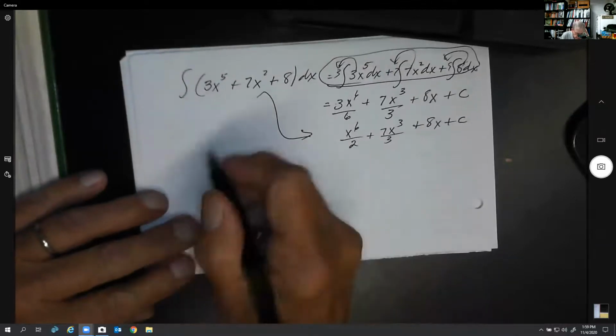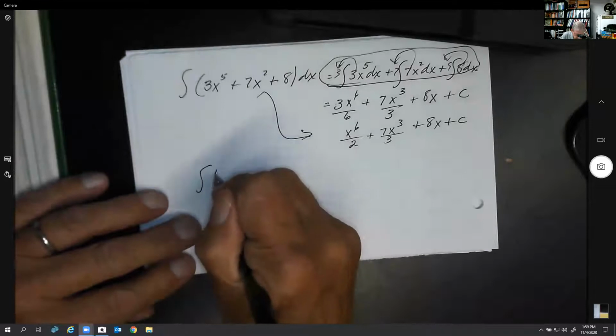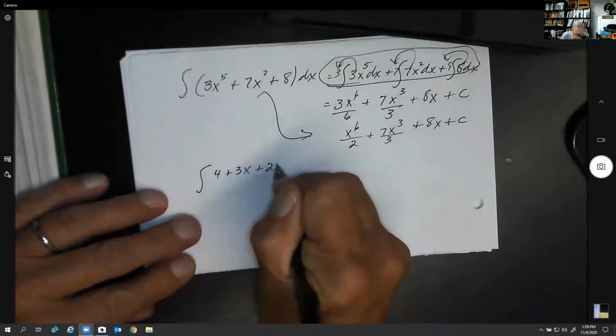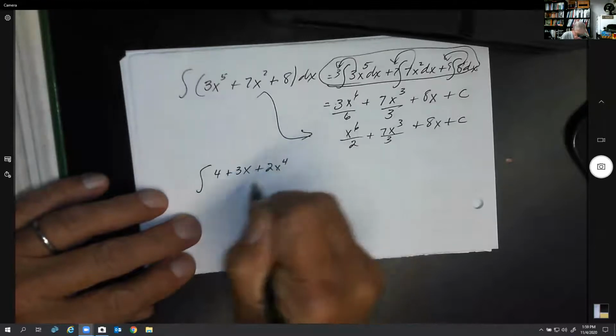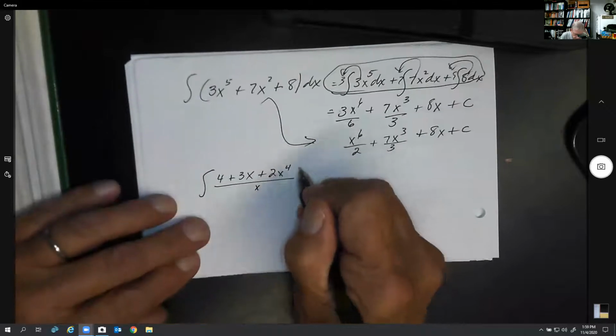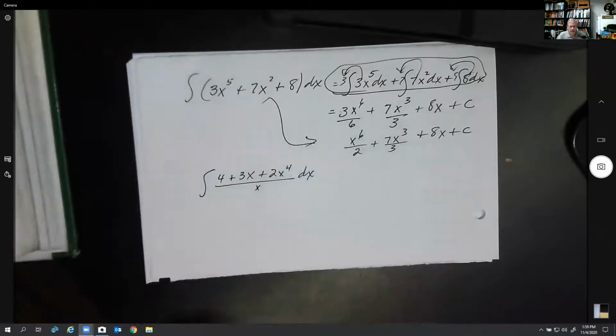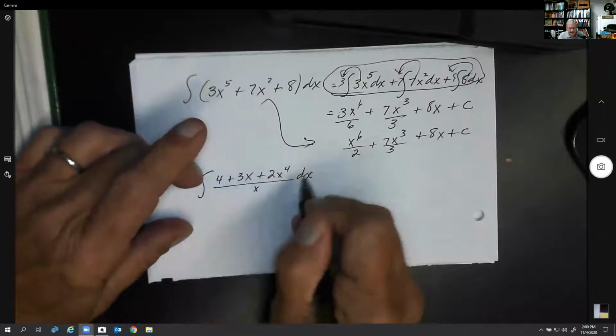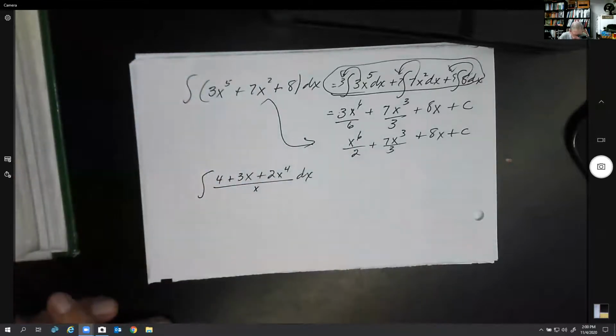Okay, the next problem was something that looked like this, dx. So you might think we would write this as 1 over x times that, and then that would give us an ln x.